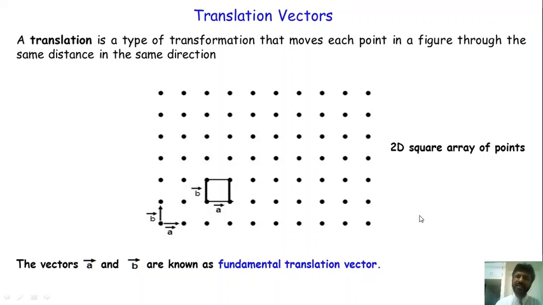Now in the first lecture we have seen about the lattice, the space lattice. So consider here this two-dimensional array of points.